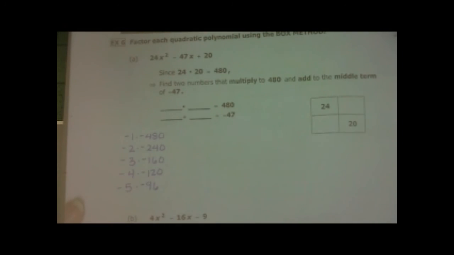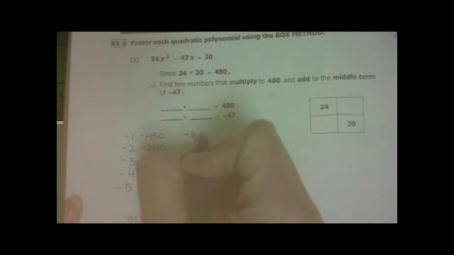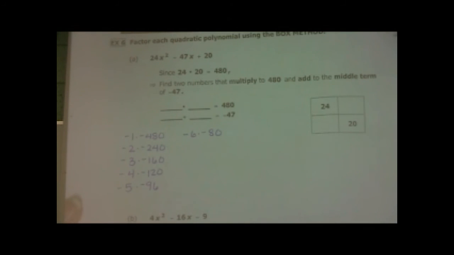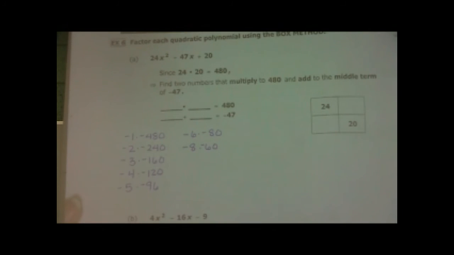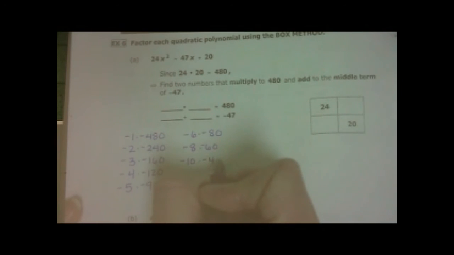How about negative 6? So negative 6 and negative 80. We're getting closer. Does 480 divide by 7? Does not. So I've got negative 8 and negative 60. We're getting closer. Let's try 9. 9 doesn't work. So I've got negative 10 and negative 48.